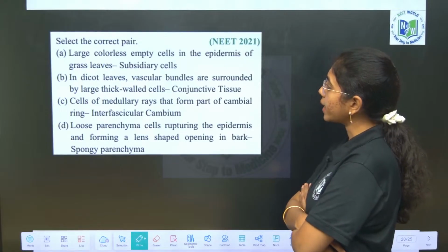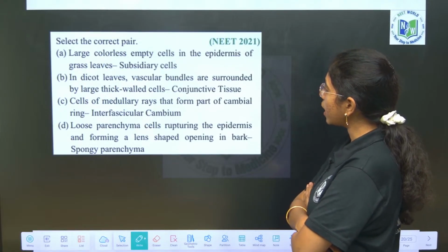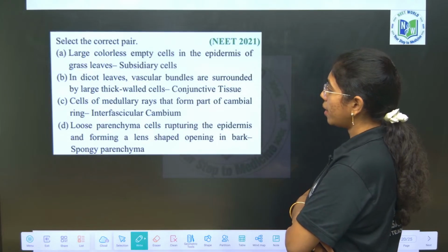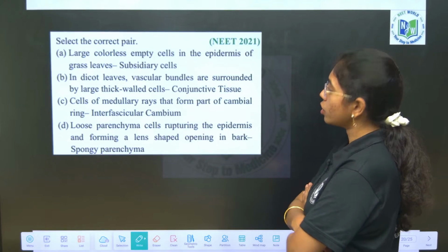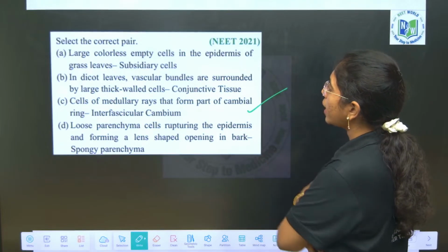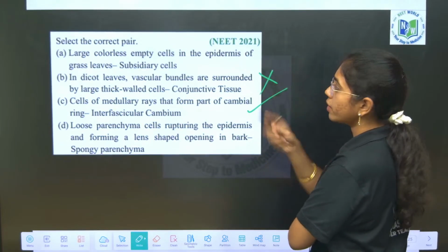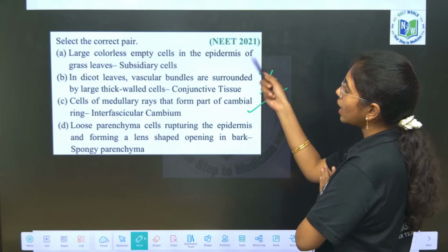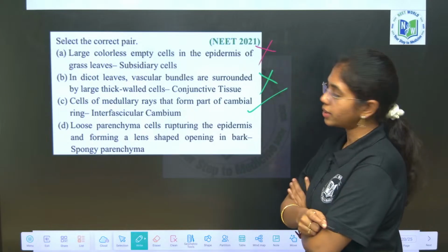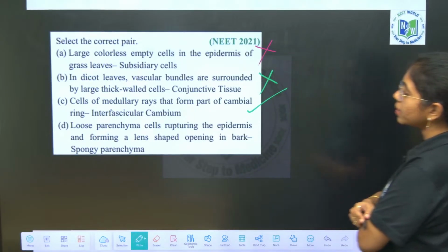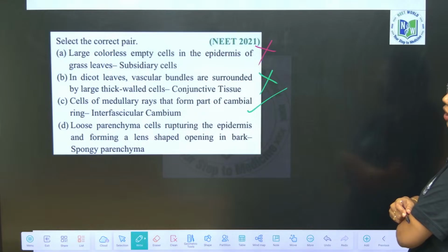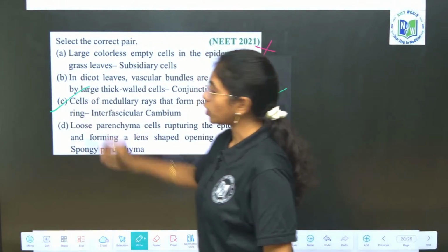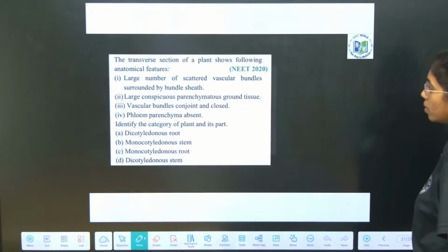What is the correct pair? Cells of medullary rays that form part of the cambial ring are interfascicular cambium. True. In dicot leaves, there is no conjunctive tissue in the leaf. Large, colorless, empty cells are bulliform cells, not subsidiary cells. Loose parenchyma cells rupturing the epidermis, forming lens-shaped structures, are called lenticels, not bark spongy parenchyma. So it is option C. Good, very good.